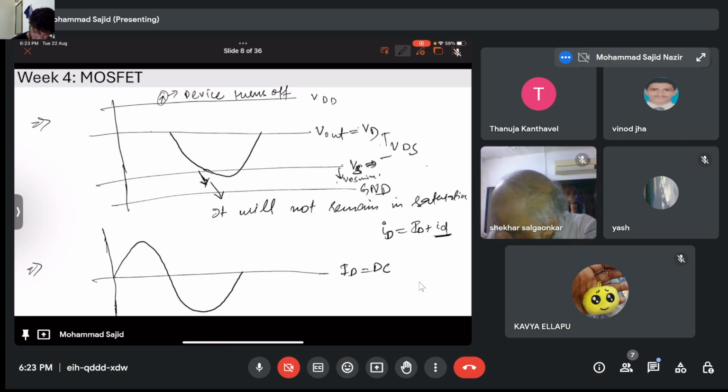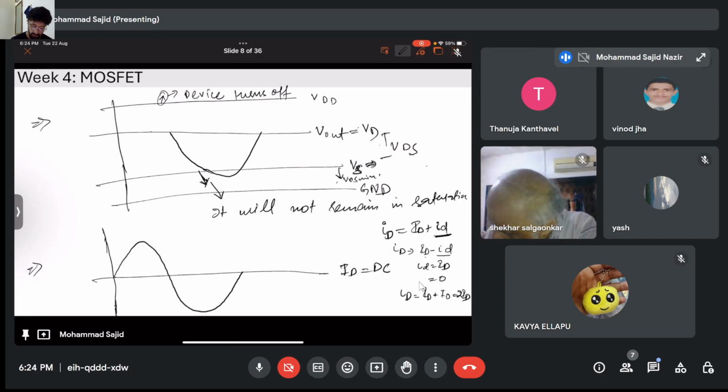So since this has both directions, what is the minimum value this can go to? ID minus id. And if id is equivalent to ID, this can go to 0, right? And maximum, ID plus id, and if it is equivalent to ID as well, it can go to twice ID.